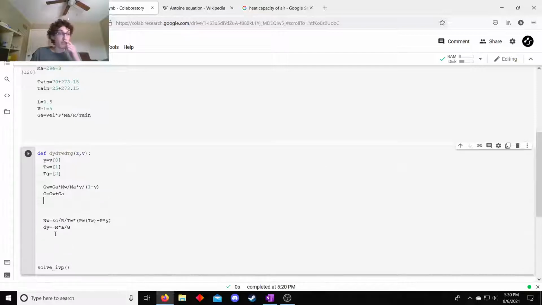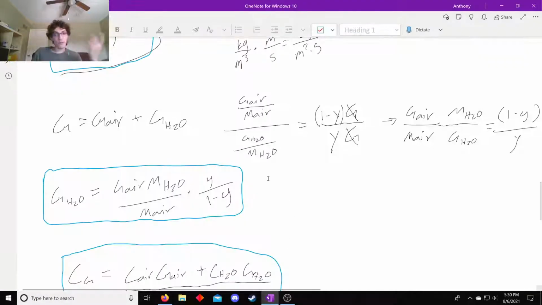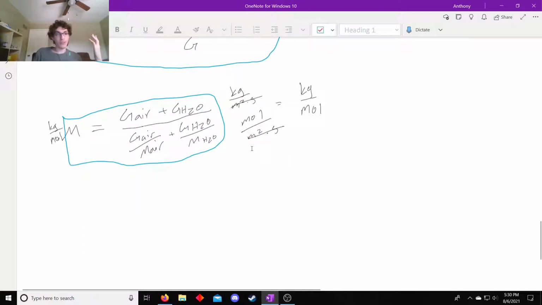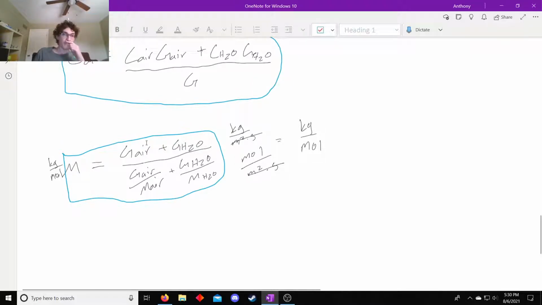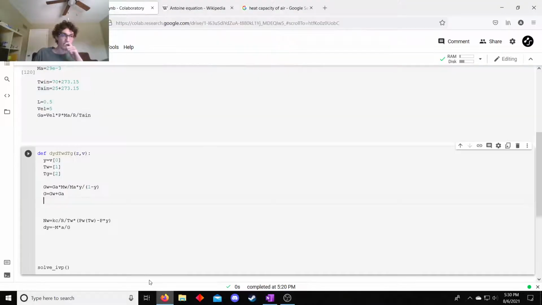But now we need the molecular weight of everything, and luckily we also already figured out what this is. This is going to be the mass flow rate of the air and water divided by the mole flow rate of the air and the water. So we will type that in here.